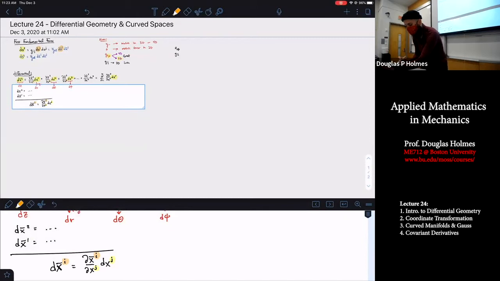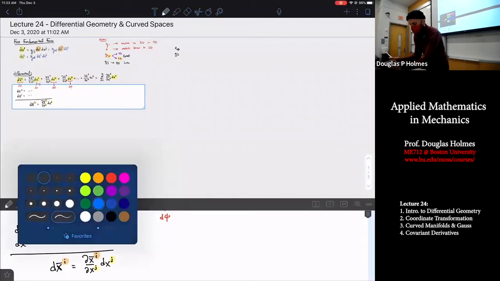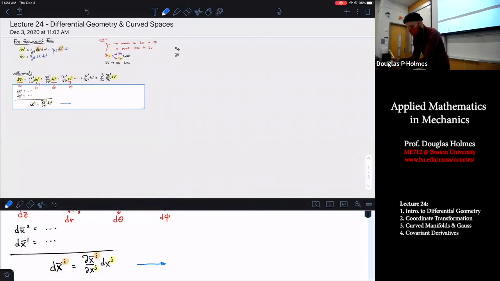And this allows us to switch. So if I give you my coordinate system that I'm using, you can calculate its differentials in the coordinate system you're using. And it shouldn't be that surprising if I was to say, well, let's flip the order around. Can you tell me your differentials, and let's see if I can calculate them with respect to mine.